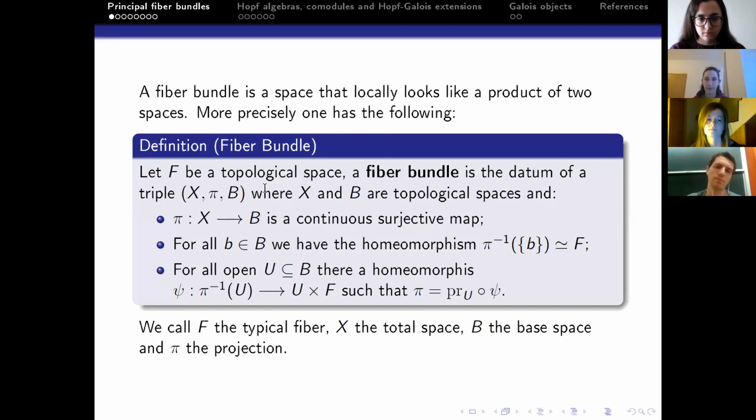Of course, there is more about fiber bundles, but for our purpose, this definition is enough. So F is the typical fiber, X the total space, B the base space, and pi the projection.